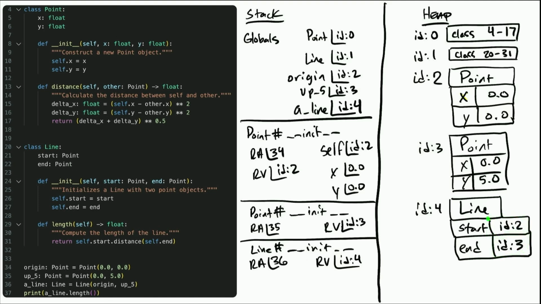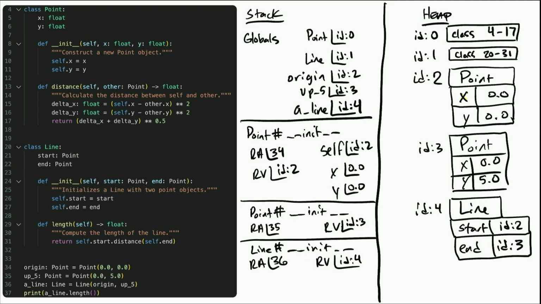So start and end are each a reference to an object. And so that's why ultimately we'll see later when we're following these references, we haven't gotten there yet, but we'll be going, say, from 4 to 3 and from 3 up to its values, and we're looking at y, and so we get 5.0 in that way. The point is when we compose, we're actually composing with references, and this gives us a nice way of modeling this in our memory.